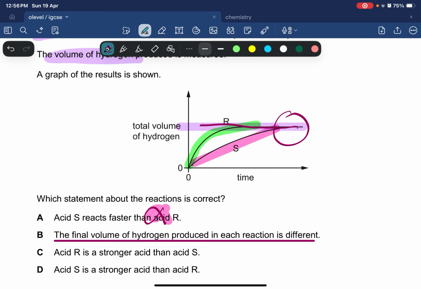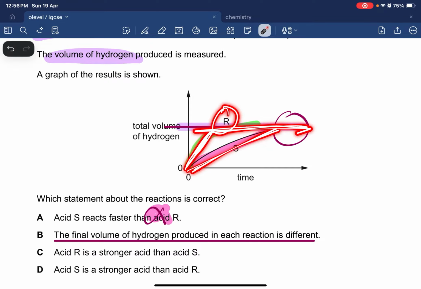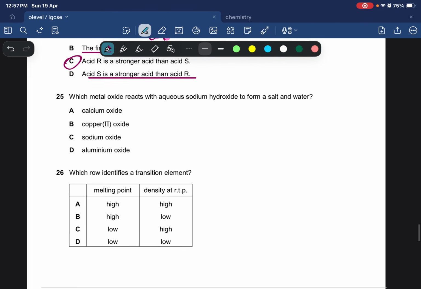Look, final volume is same. Acid R is a stronger acid than S. Yes, it's a stronger acid because look, it ionizes faster and produces hydrogen faster. S is slower. So R is going to be the stronger acid. Got it? This is correct. S is a stronger acid. No. Look, for S the rate is slower, so it's going to be a less strong acid.